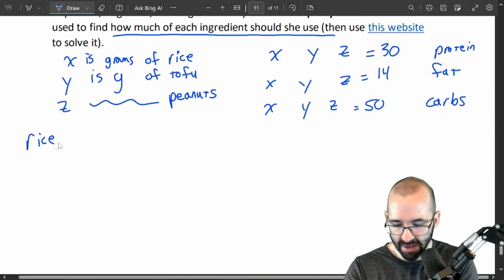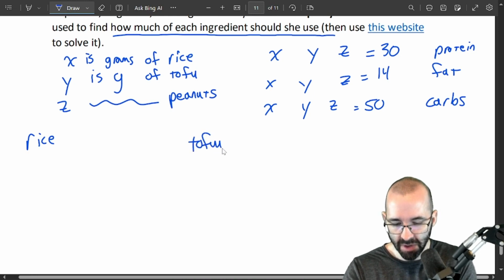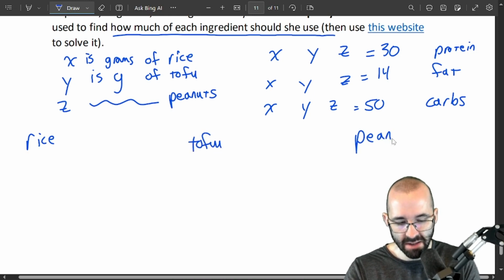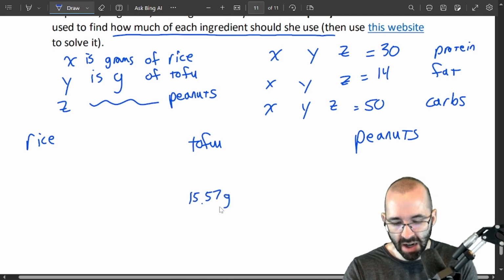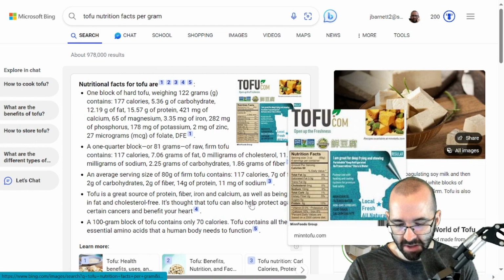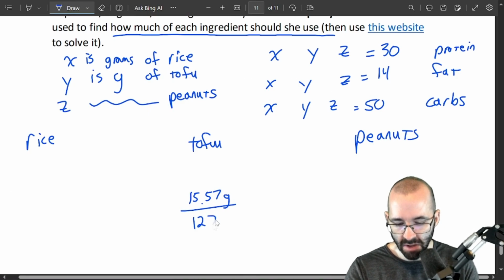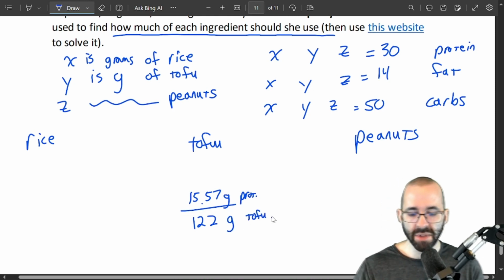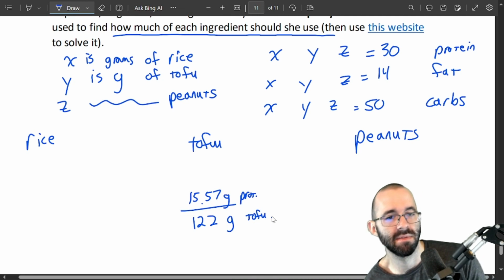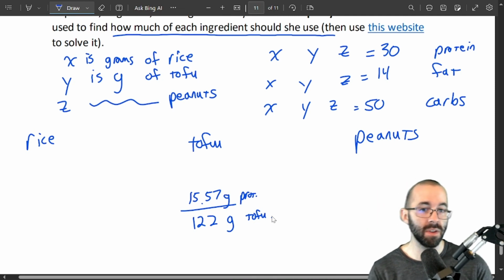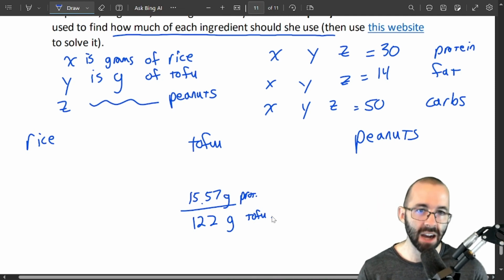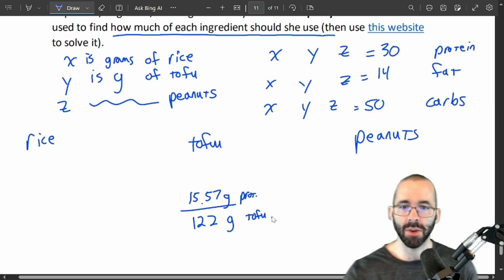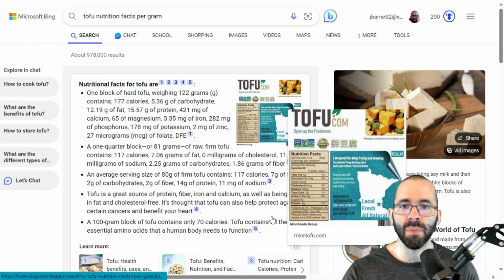So rice, tofu, peanuts. 15.57 grams for a block of 122. Okay, that's how much protein is per gram of tofu. We could calculate that out and go, but let's put the other things.